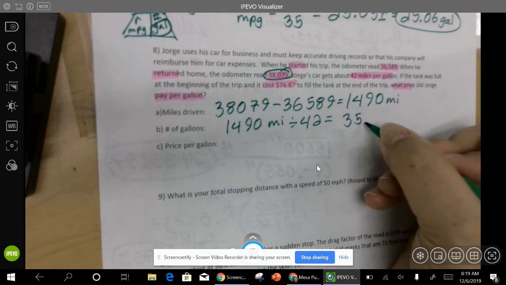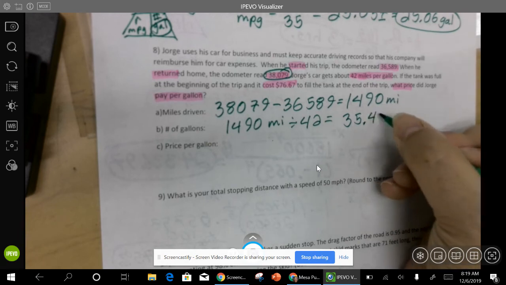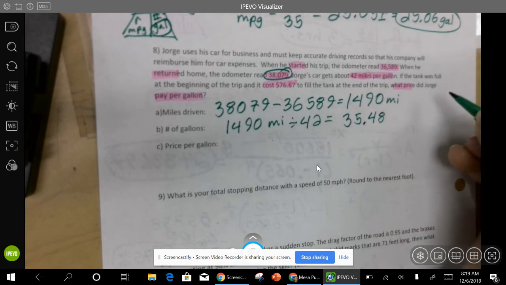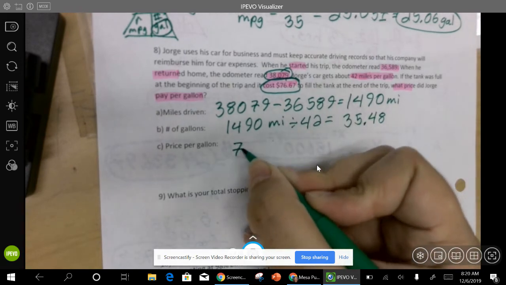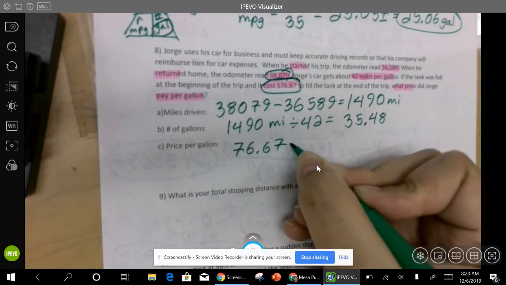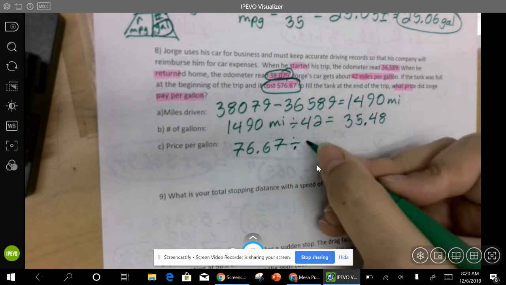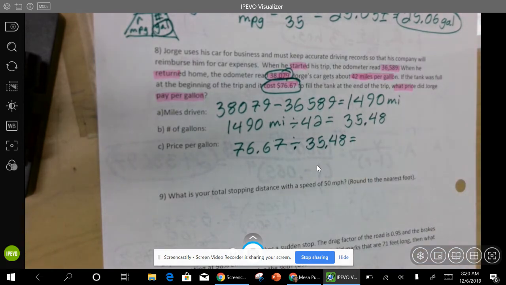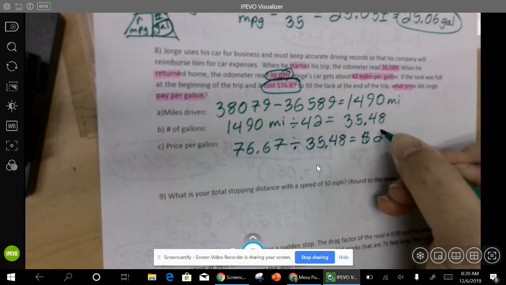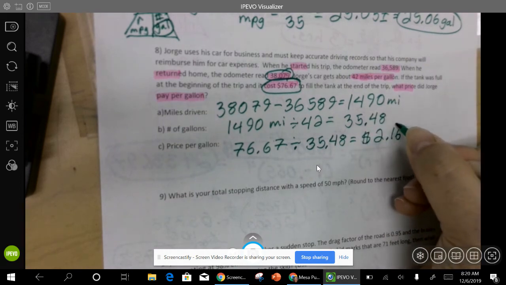We get 35.476, so I'm going to round that up to 35.48. It says what price did he pay? So it's going to be the cost divided by the number of gallons. I got that we paid an average of $2.16 per gallon.